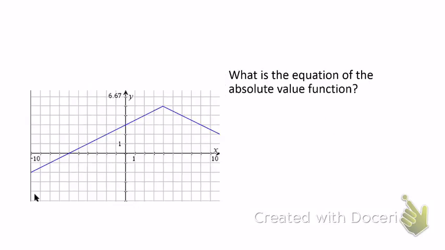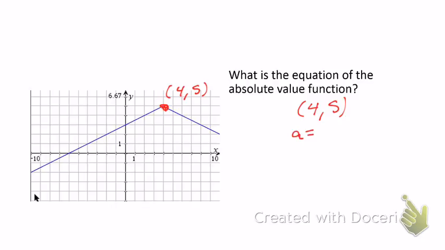Okay, so this is the final question on the video. We have, what is the equation of this absolute value function? Same as last time, we need to start by finding our vertex. We can see our vertex is at 1, 2, 3, 4, 5. It's at 4, 5. So there's our c, d. Second thing we need to know is what is our slope.